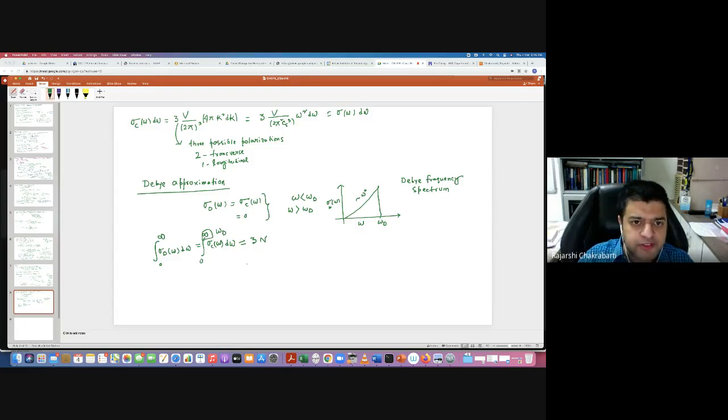So the total number of modes is 3v by twice pi square cs cube, integral from 0 to omega d of omega square d omega, equal to 3n. This is what exactly you have, isn't it?